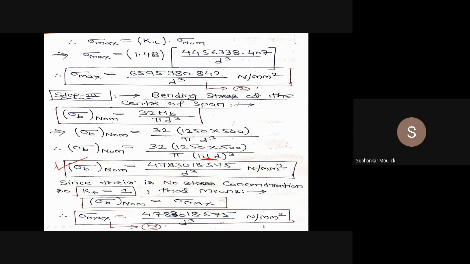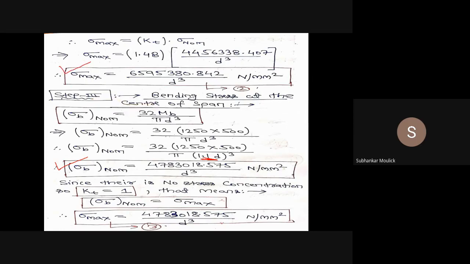Now you have to check that maximum stress is more at which cross section of the beam. It is at the fillet cross section of the beam or at the mid span of the beam. किसमें स्ट्रेस ज्यादा है? फिलेट क्रॉस सेक्शन पे बीम का स्ट्रेस ज्यादा है बेंडिंग स्ट्रेस या मिड सेक्शन पे बेंडिंग स्ट्रेस ज्यादा है? कहां पे ज्यादा है?